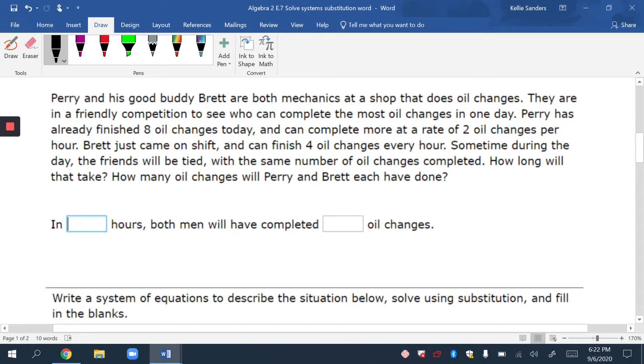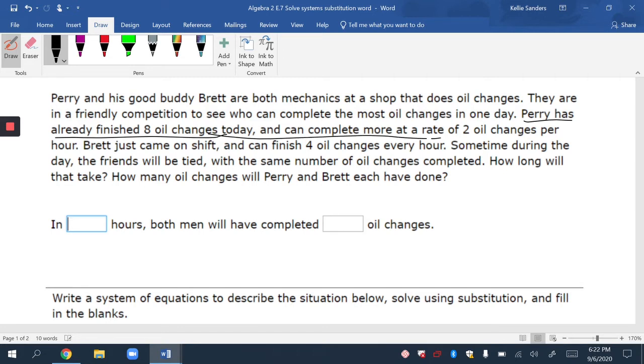Perry and his good buddy Brett are both mechanics at a shop that does oil changes. They are in a friendly competition to see who can complete the most oil changes in one day. I'm going to underline some information. Perry has already finished 8 oil changes today and can complete more at a rate of 2 oil changes per hour.